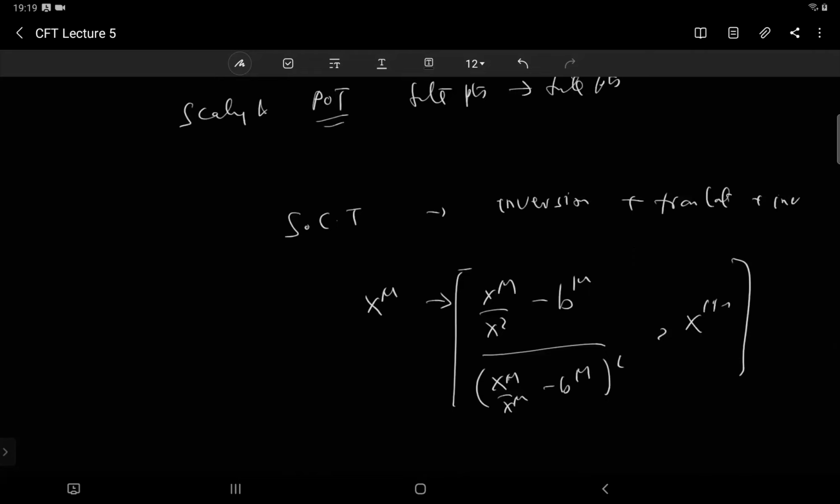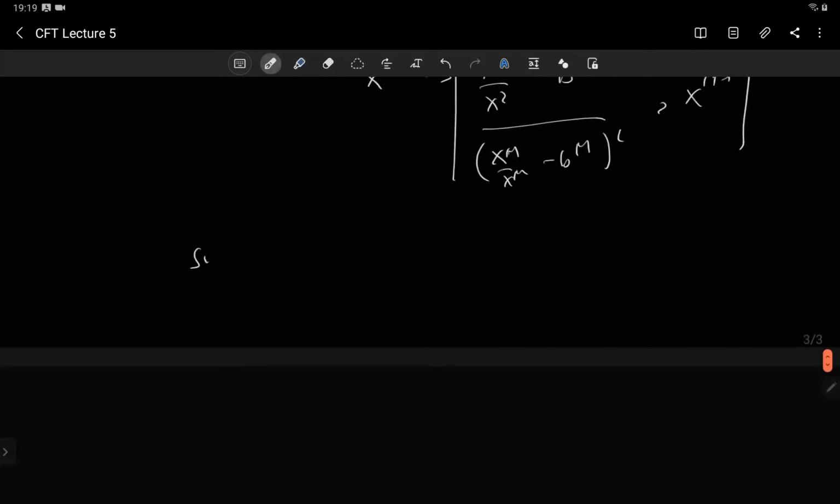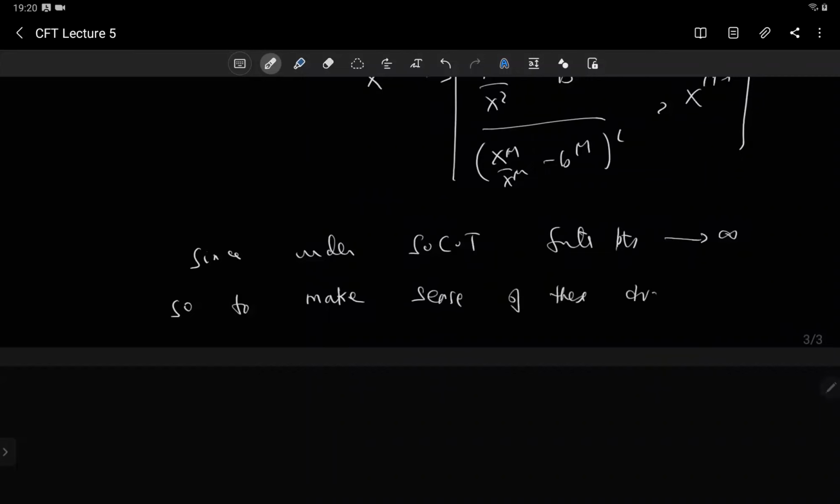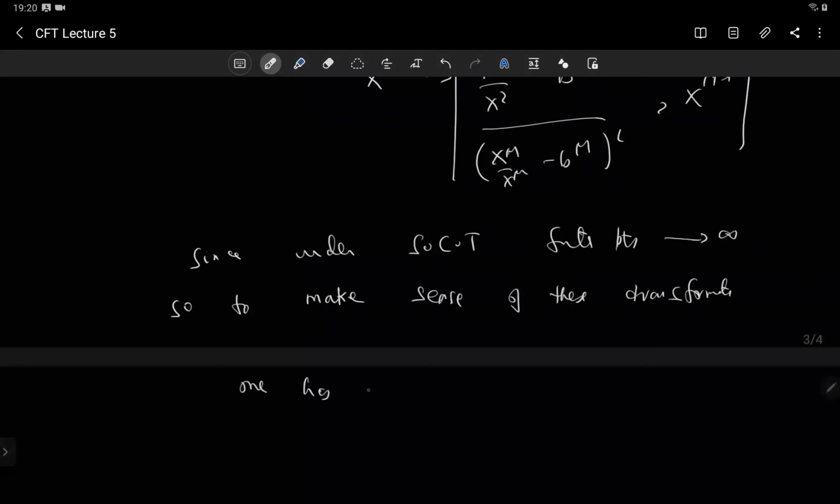So therefore, since under special conformal transformation finite points go to infinity, we can say immediately that to make sense of these transformations, one has to include infinity in your set, infinity as a point on which conformal transformation acts.